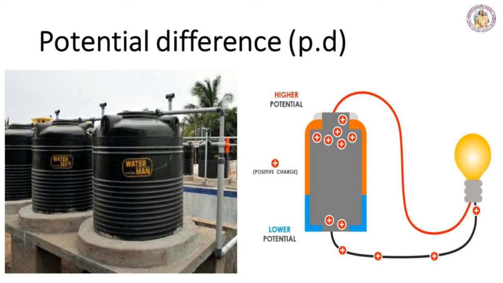The potential difference is represented by the symbol V. So V is equal to W by Q, where W is the work done, the amount of electric energy converted into other forms of energy measured in joules, and Q is the amount of charge measured in coulombs. The SI unit for both EMF and potential difference is the same, that is volt, V.